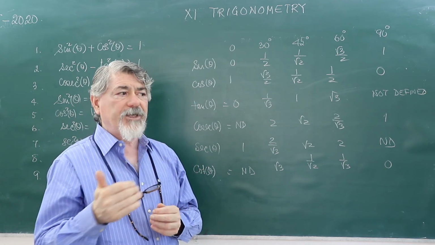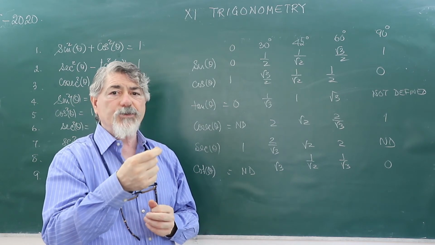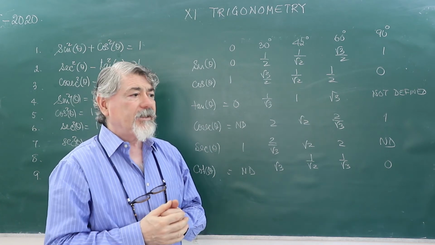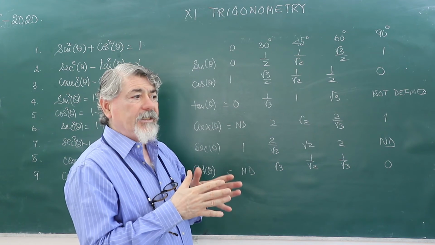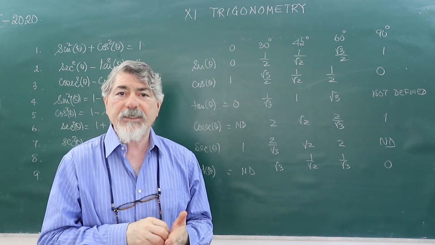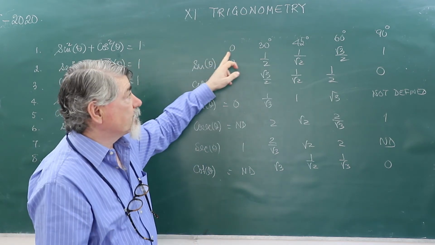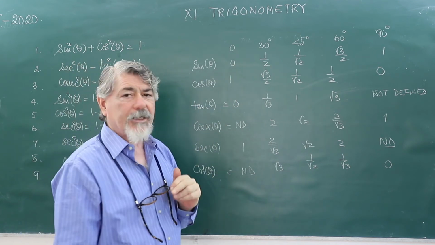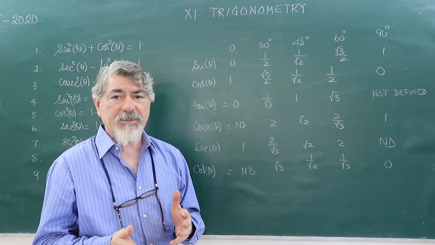In the first column it used to be 0 degree, 1 degree, 2 degree, going till 90 degree, and we used to get values, but we were mainly interested in specific values like 0 degree, 30 degree, 45 degree, 60 degree and 90 degree. We had constructed a special angle table. I have just constructed it again for your benefit, but we will be going much beyond these angles now.